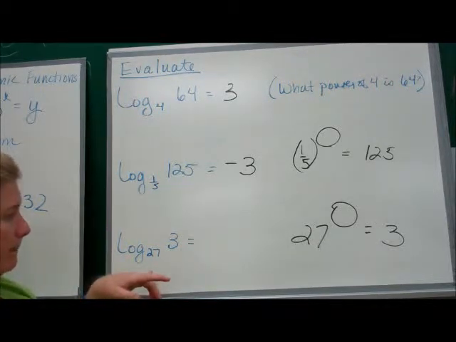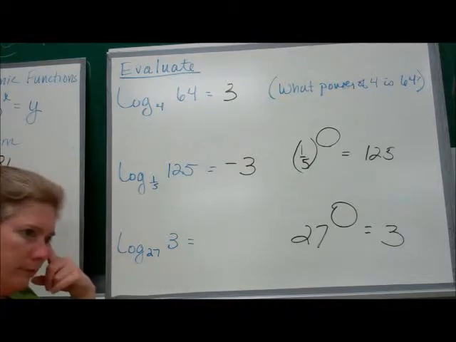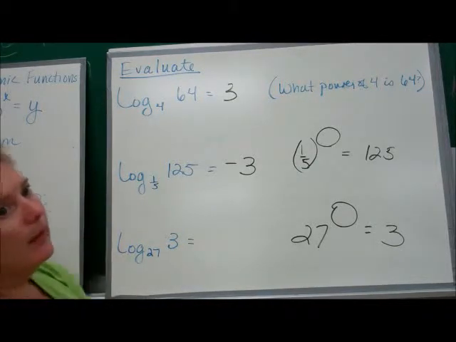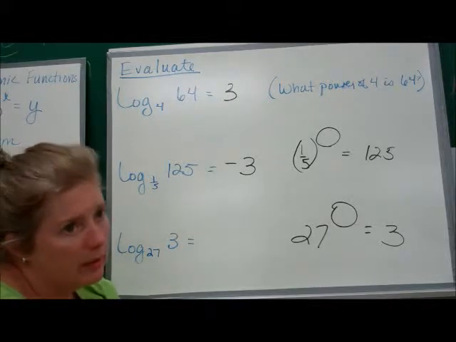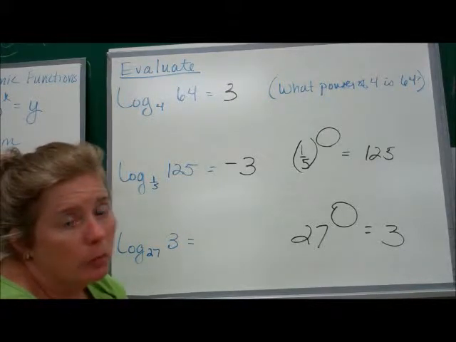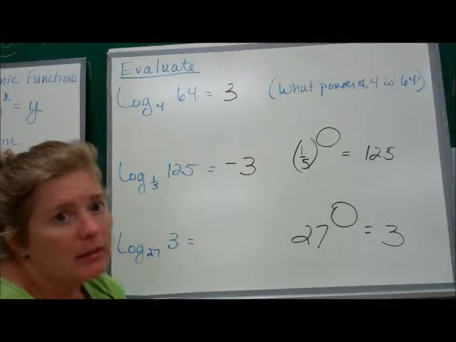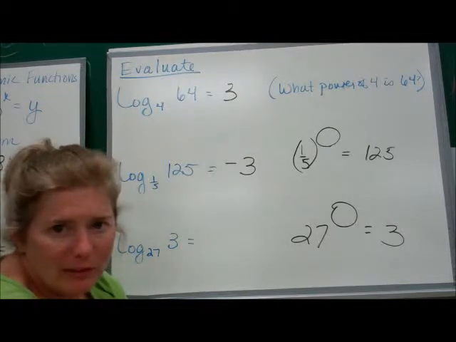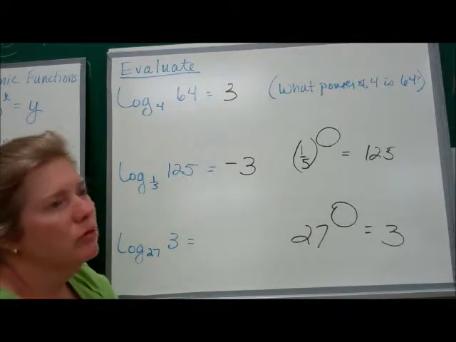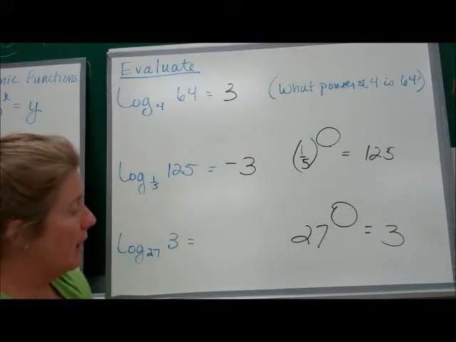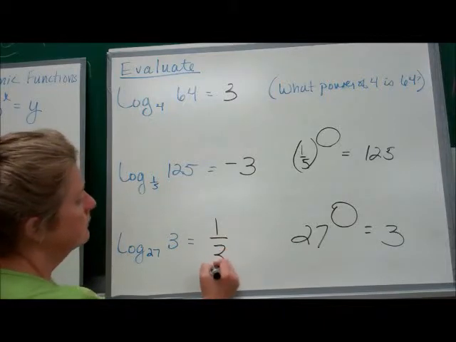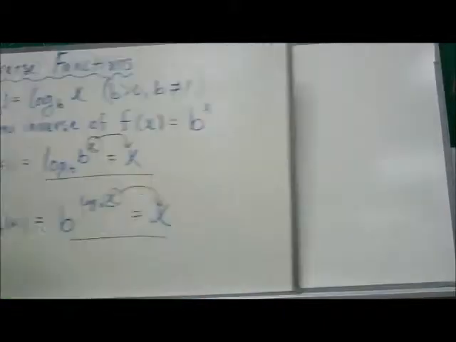I do know that the cube root of 27 is 3. Oh, roots can be written as rational exponents. So the cube root is actually what power? The 1/3 power.